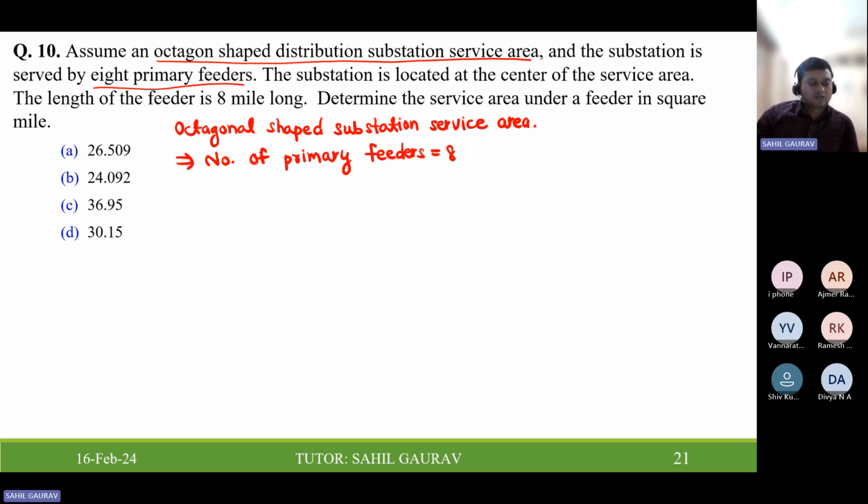So they are asking about area. What is the AN expression? Anyone remember?